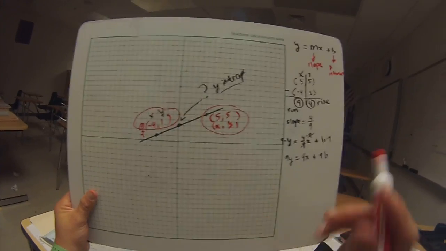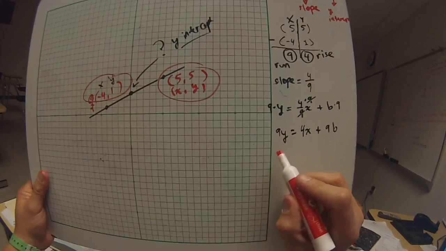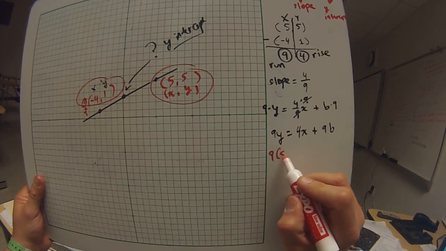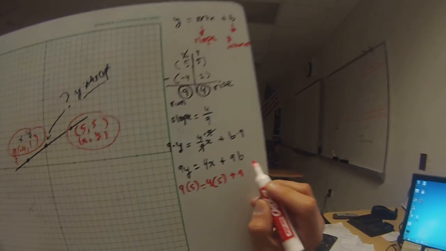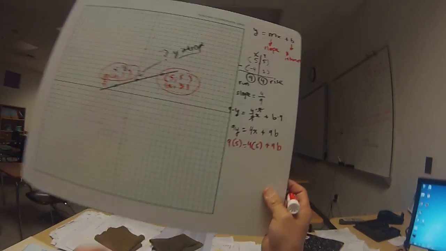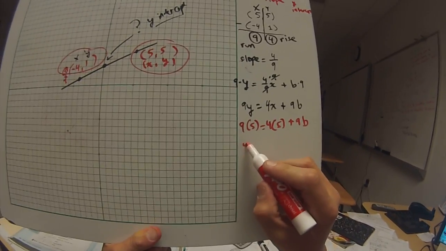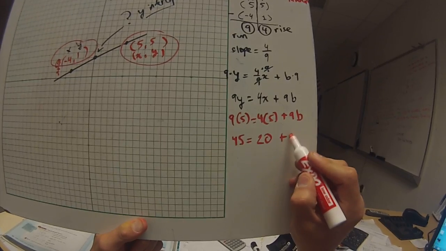I want to use the one with positive numbers. The x and the y are both 5, so substitute 5 for the y and substitute 5 for the x. Work out the equation like we used to do in middle school, and that gives me 45 equals 20 plus 9b.